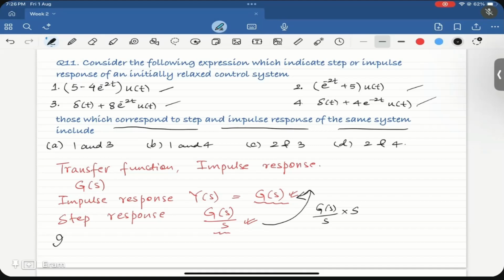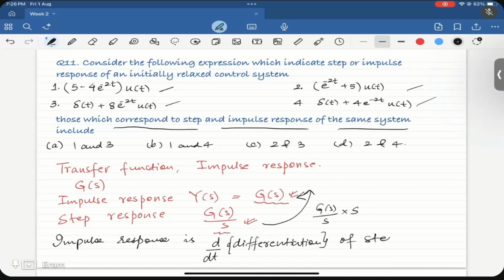We can say the impulse response is the differentiation of the step response.